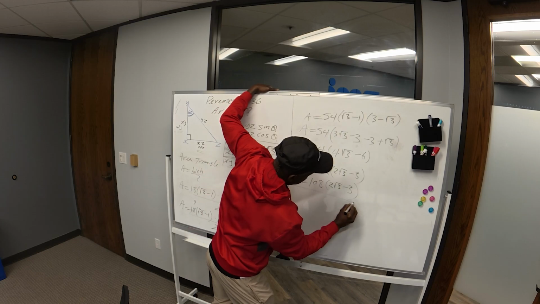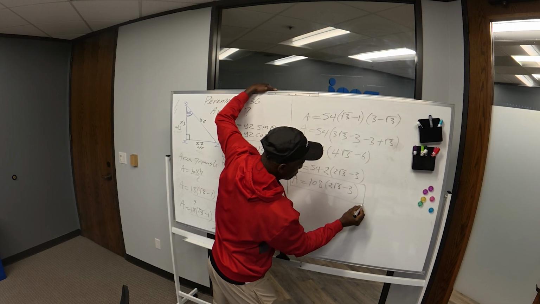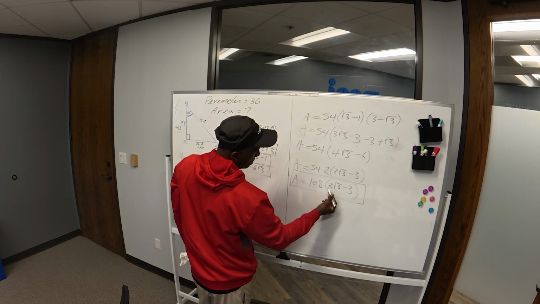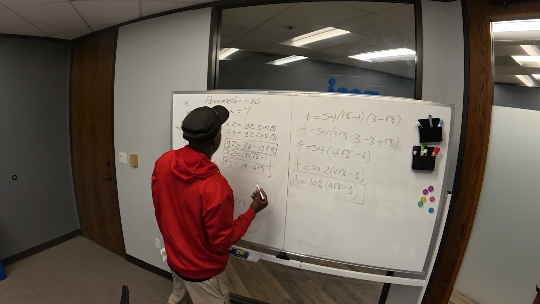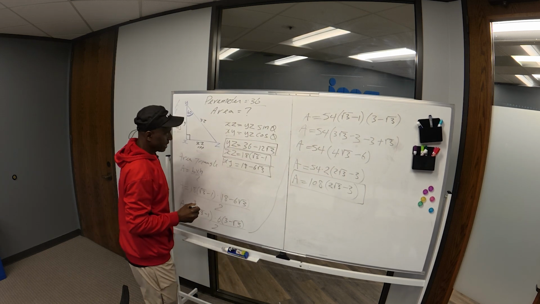So now we have the area of the triangle equal to 108 outside of 2 square root of 3 minus 3, based on the perimeter of 36.